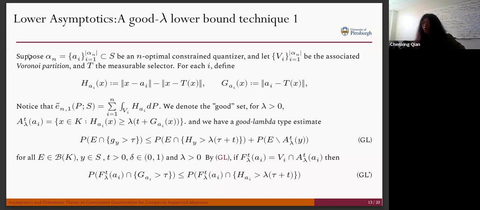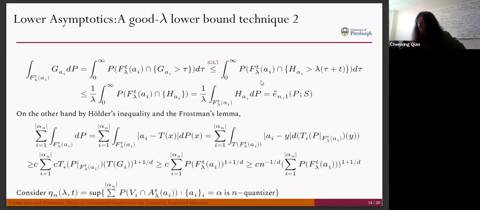GL and GL prime to plug in the terms of the quantization error, and using some standard layer cake decomposition here, we can have the quantization error has a lower bound of the summation of the integral of GAI here.